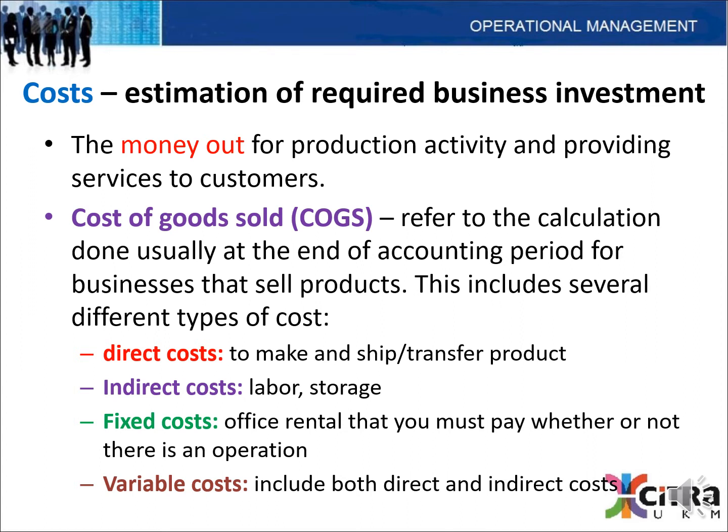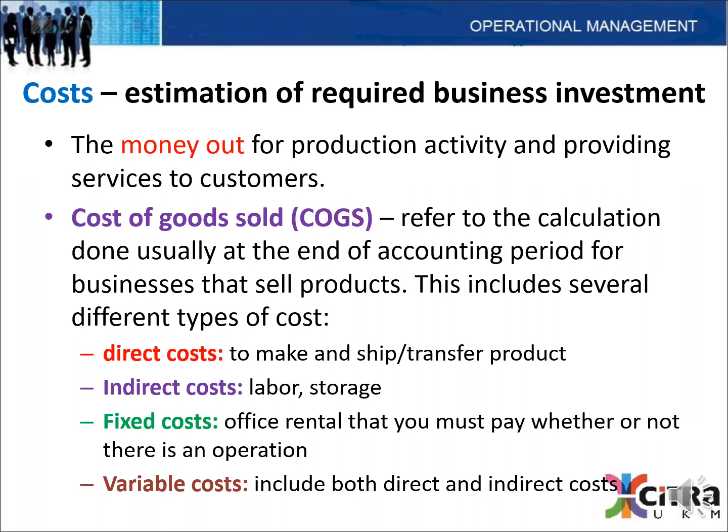The first, direct cost, is something that you need for shipment, or you need to transfer the product. Anything that has something to do with the product or services is called a direct cost. Just previously, like you need white flour and caster sugar to make a donut, so it's a direct cost.